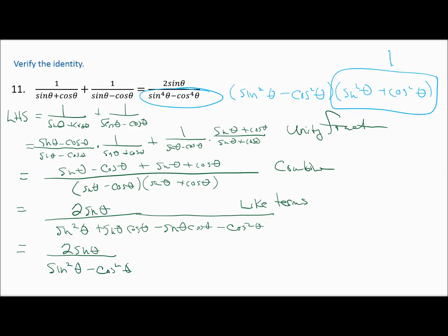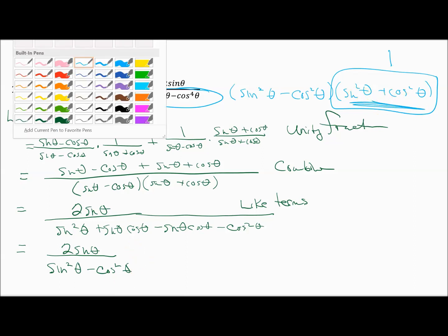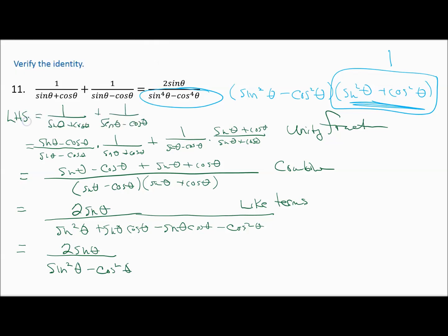So I'm totally allowed to just multiply this denominator by this guy right here in blue, but I'm going to put it in green so it matches. I'm going to multiply this guy by sine squared of theta plus cosine squared of theta. How come? Again, because it's just equal to 1. It just makes it look different.